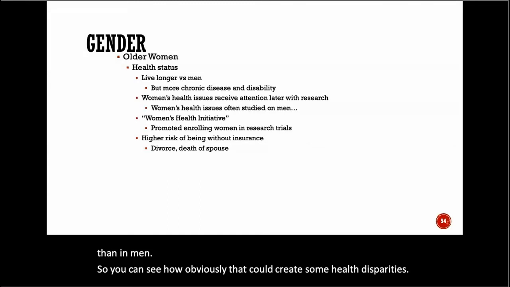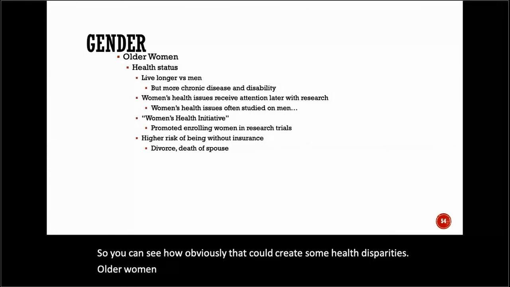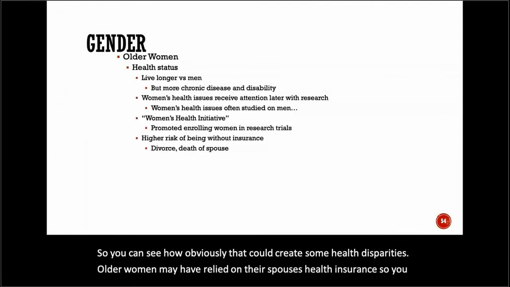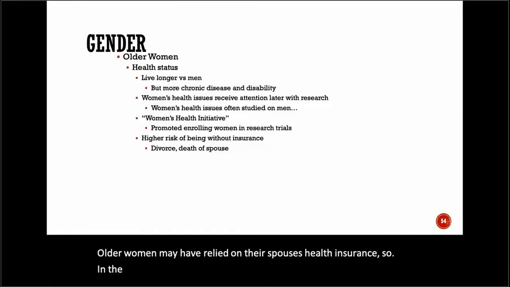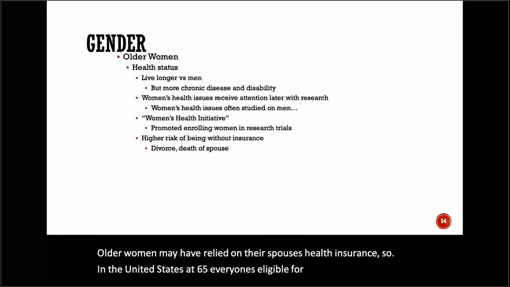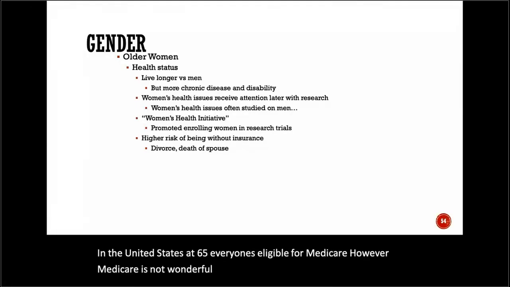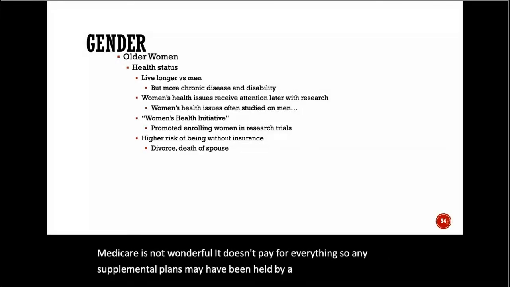Older women may have relied on their spouse's health insurance. In the United States, at 65, everyone's eligible for Medicare. However, Medicare is not wonderful. It doesn't pay for everything. So any supplemental plans may have been held by a person's spouse, and if that spouse passes away, then they may lose that.